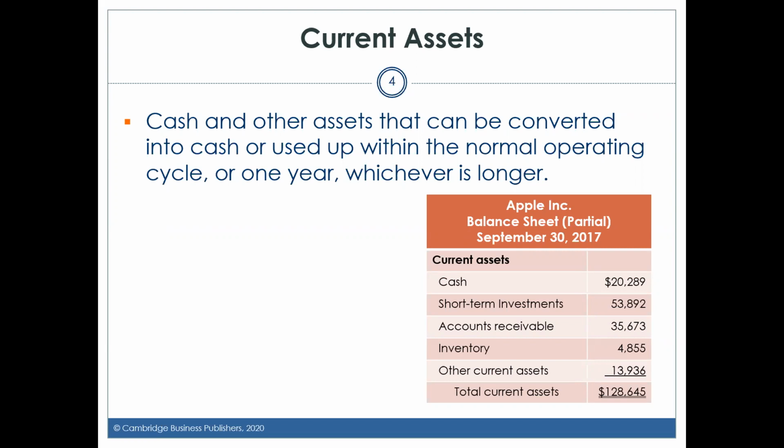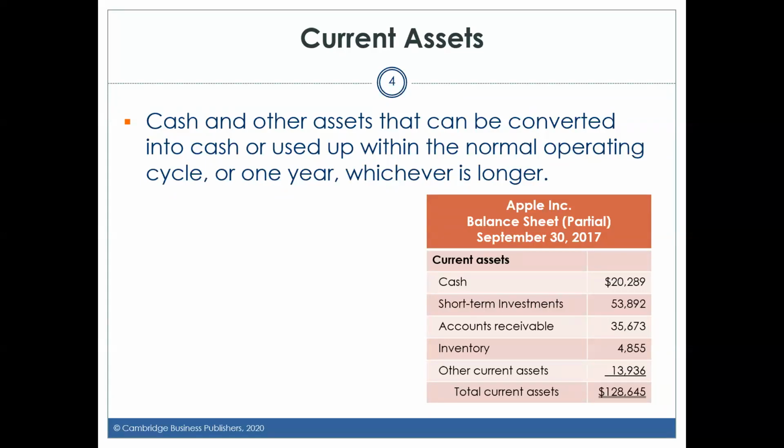And what is a company's operating cycle? Take Apple Incorporated as an example. It's the amount of time that goes by between whenever they first purchase the materials that they're going to use to make their product and whenever they sell their final product and receive cash from the customer.